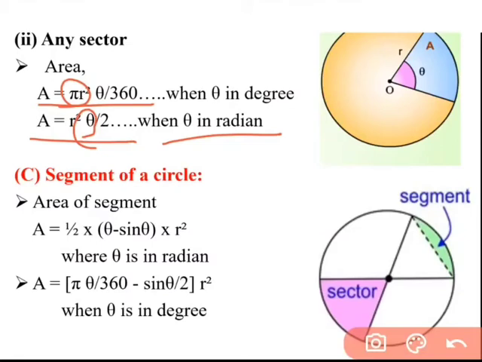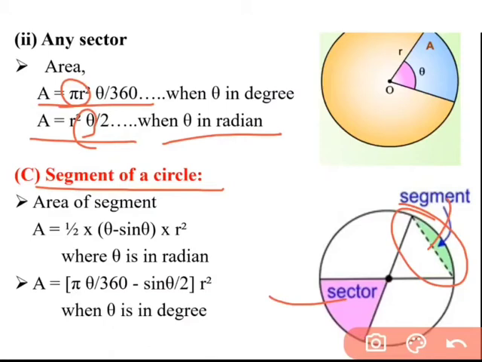Now next, see the segment of a circle. This is the figure of a segment of a circle. This portion indicates the segment, and this portion indicates the sector.